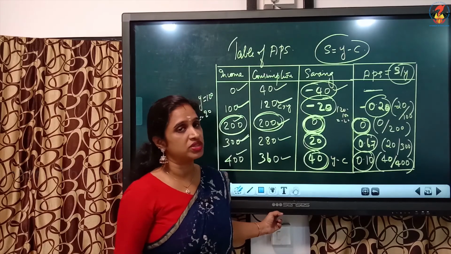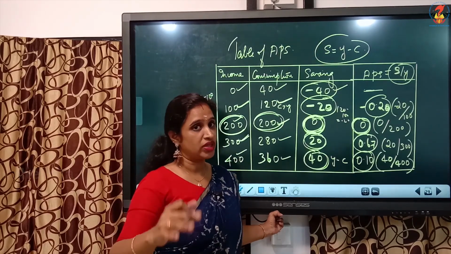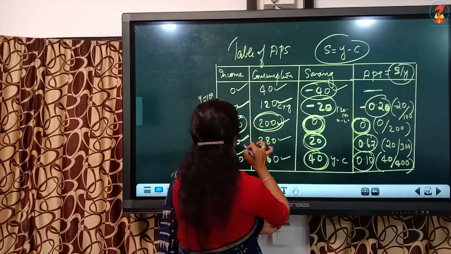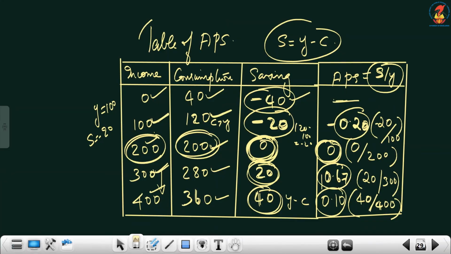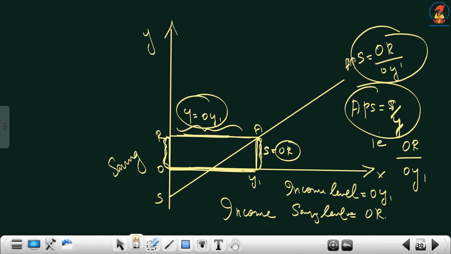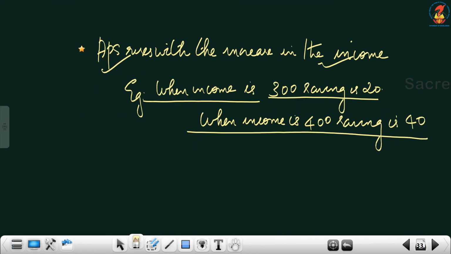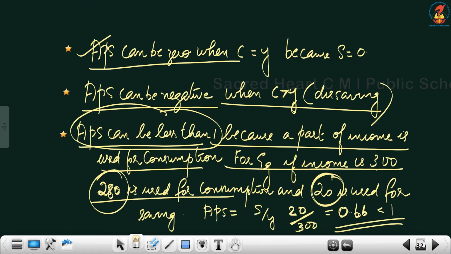So APS rises with the increase in income. When the income is 300, saving is 20, and when the income is 400, saving is 40.